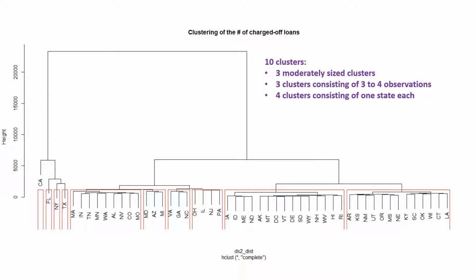And as you can see from this diagram, states like California, Florida, New York, and Texas, they form their own clusters. So this tells us that these four states have their own distinct trends with respect to the number of charge-off loans.